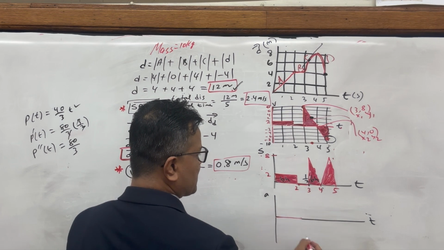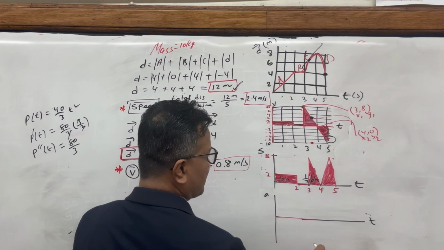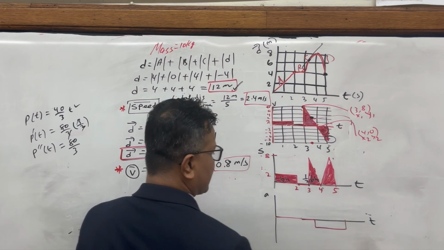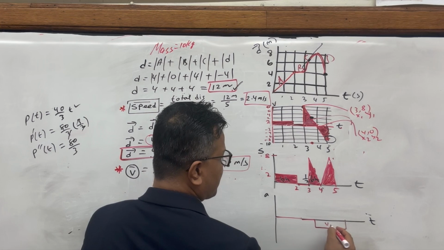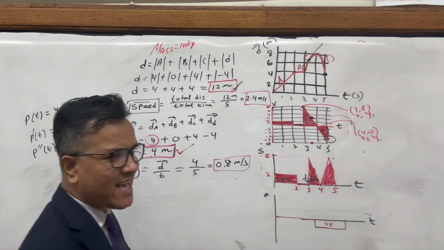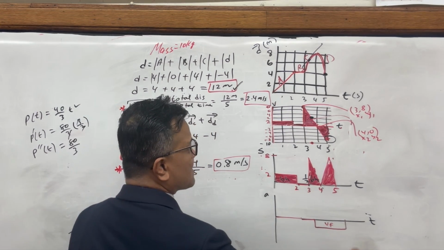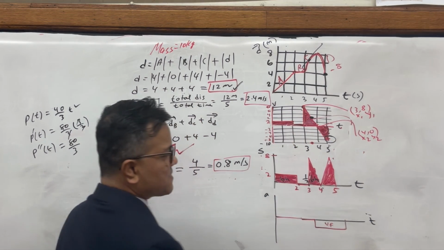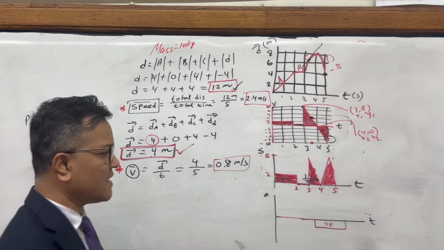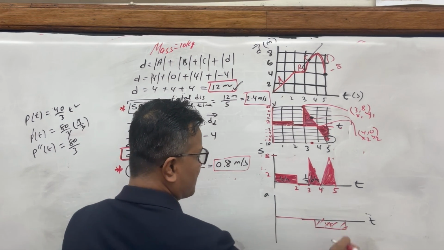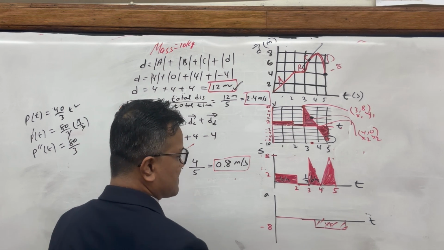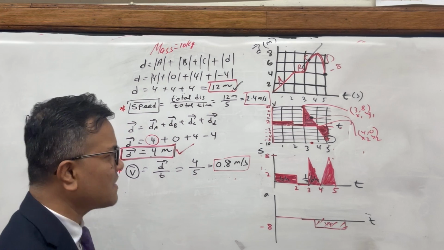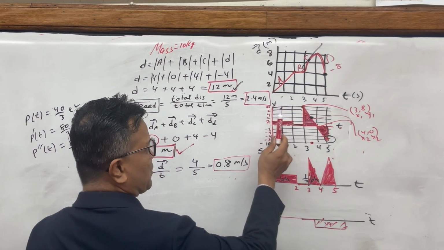Acceleration is 0 from 0 to 2 seconds, 0 from 2 to 3 seconds, and negative 8 from 3 to 5 seconds. In an acceleration versus time graph, the area under it gives the final velocity, which has to be negative 8 because this is negative 8. However, in this case, this is not negative 8. Why is that? This area is not going to be negative 8. I'm not even going to calculate it. Acceleration is negative 8. This shows negative 16. So that's not correct. Why is that? Because acceleration is not continuous.